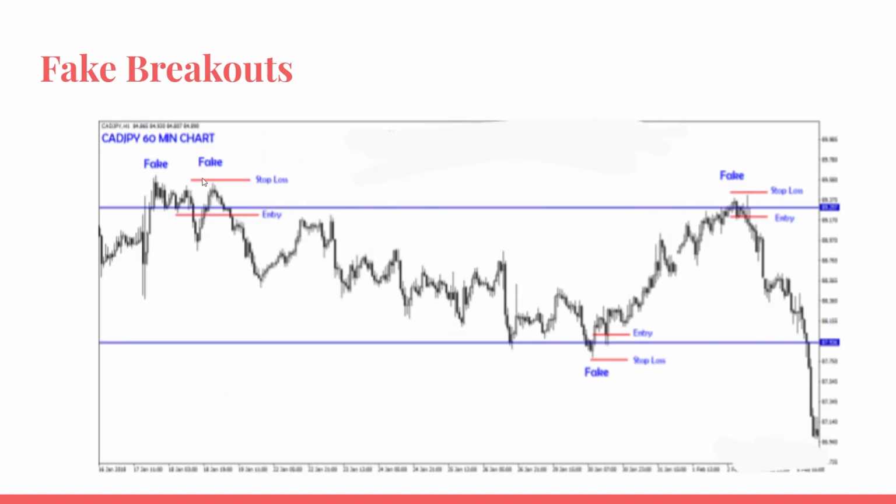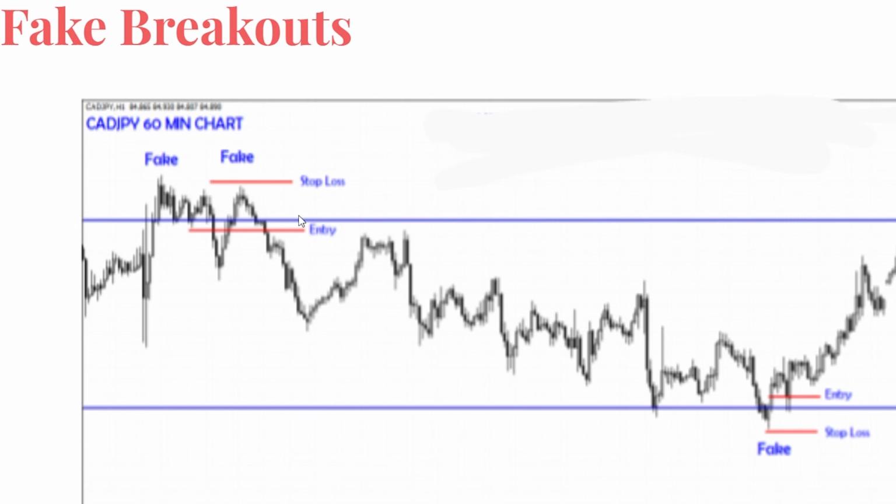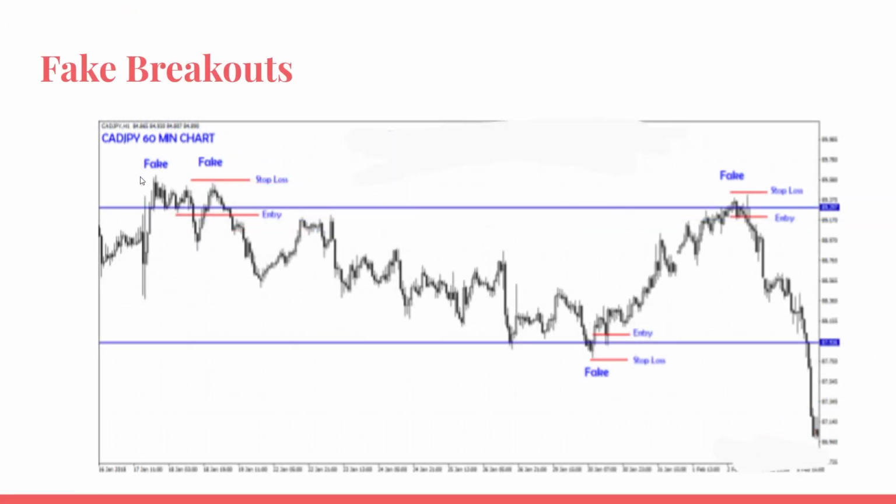So here's an example of a fake breakout. You can see the market was moving within a horizontal support and resistance, and then it made a couple of fake breakouts. A fake breakout is when the market breaks, let's say, a trend line or support and resistance, but fails to continue with the breakout. Remember, we also have what we call breakout and retest.